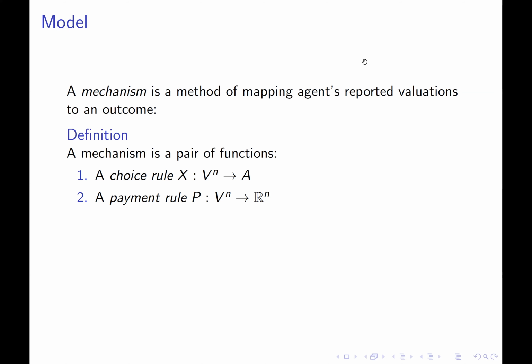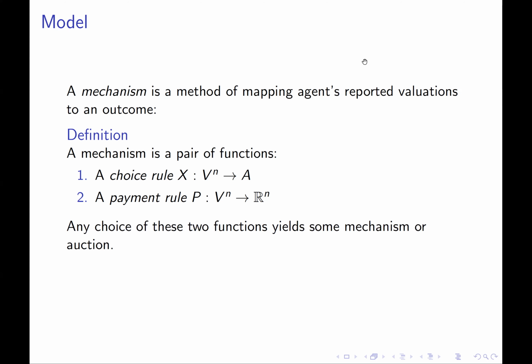This is the thing that, as a function of all of the reported valuations, will choose a vector of payments that specifies for each person how much they have to pay. Any choice rule we might come up with, any payment rule we might come up with, yields some mechanism.